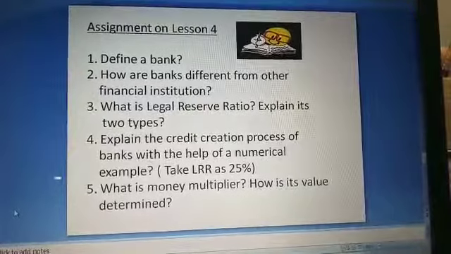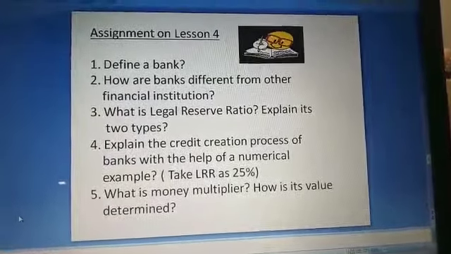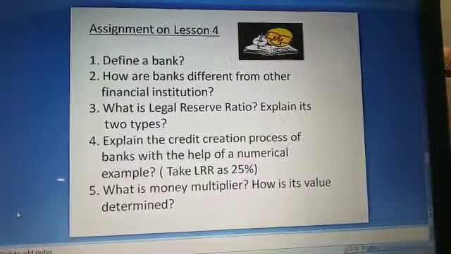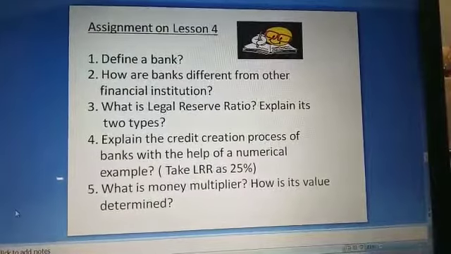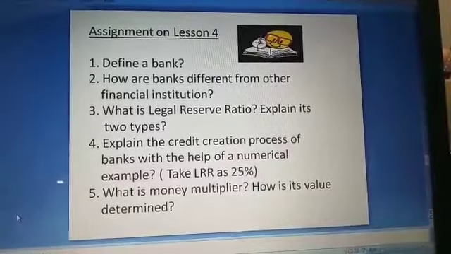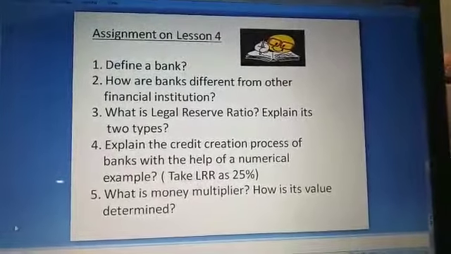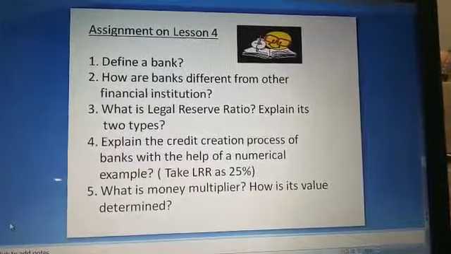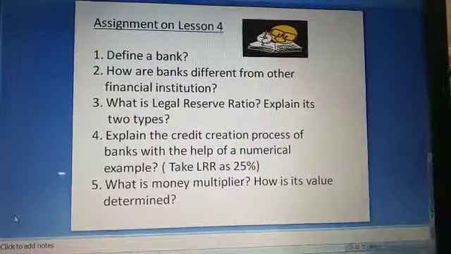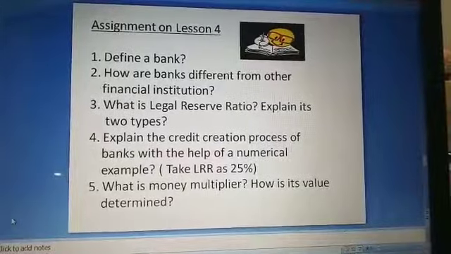The next question: explain the credit creation process of banks with the help of a numerical example. And you should take LRR as 25%. And the last question: what is money multiplier? How is its value determined? Now, to do these questions, you must again look and hear lesson number 5 so that you can answer this assignment.